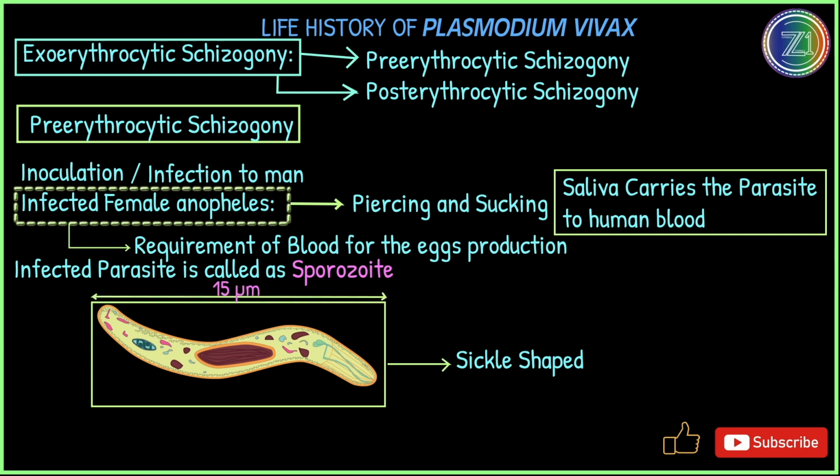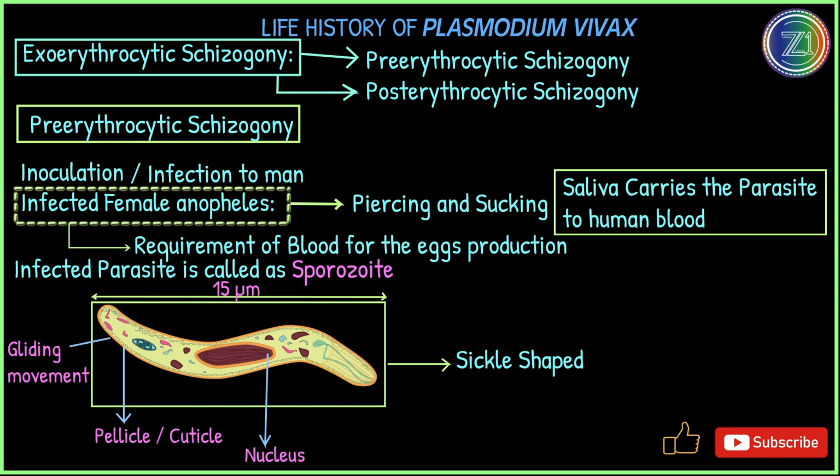It is enclosed by a thin pellicle, or we can say a cuticle, and because of this cuticle it can maintain its shape. In the broader middle part of the sporozoite is the nucleus. The sporozoite also has a very important feature of gliding.